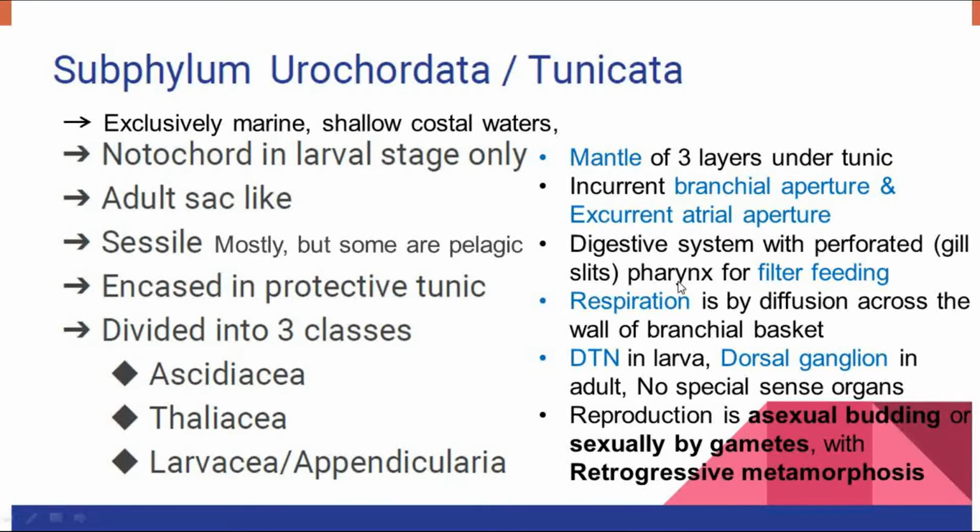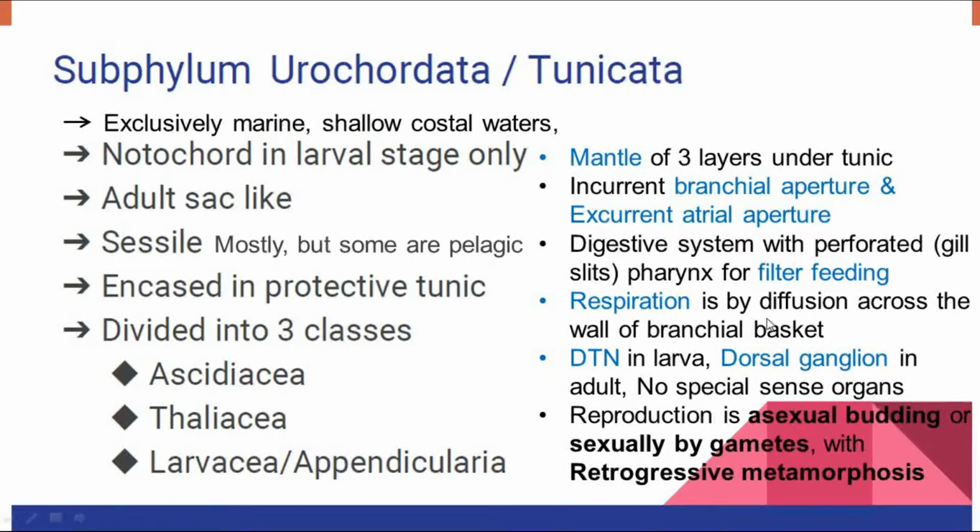They are called gill slits and they are used for filter feeding, meaning the food particles taken in along with the water will be filtered with the help of mucus secreted by the endostyle on the pharyngeal floor, and the water will go out through these gill slits to the atrium, and then pass outside of the body through the atrial aperture.